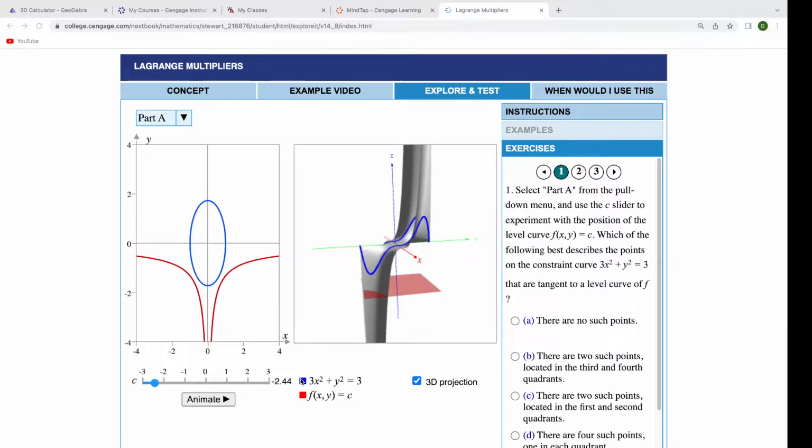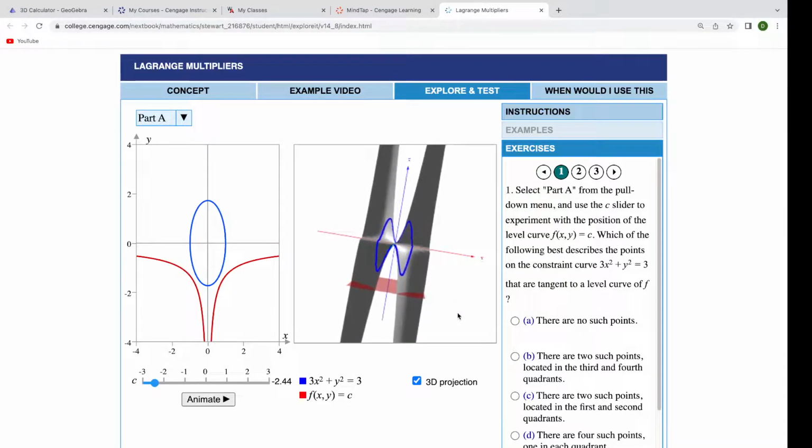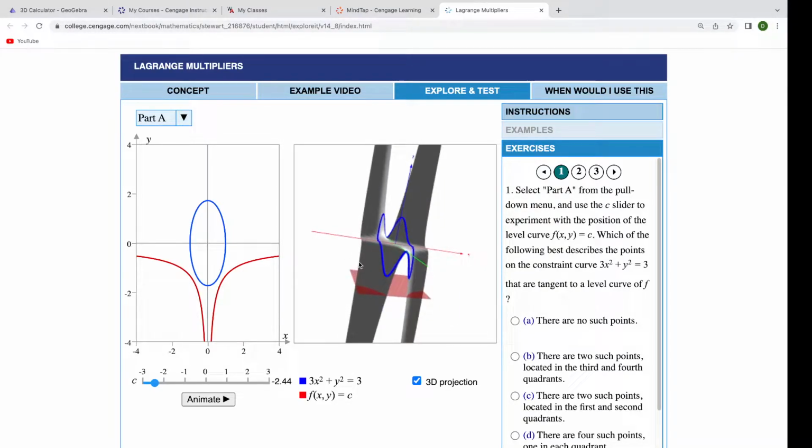Our constraint is an oval, and that constraint is just going to stay there as one oval. So 3x squared plus y squared equals 3 is our constraint. And you can see that when our constraint is projected up onto our surface, our surface is something that kind of looks like this.